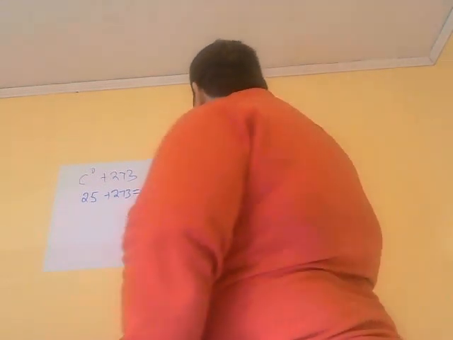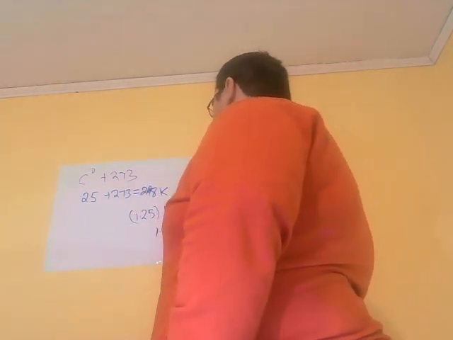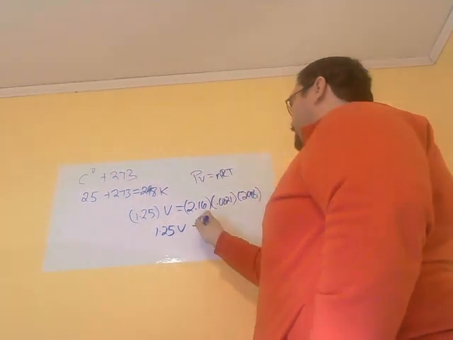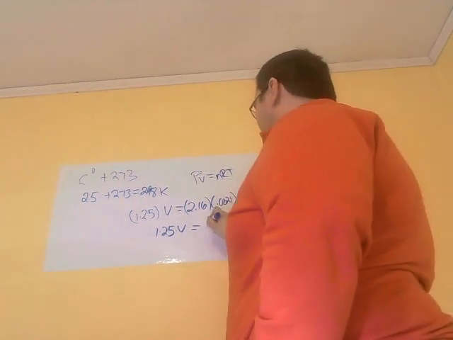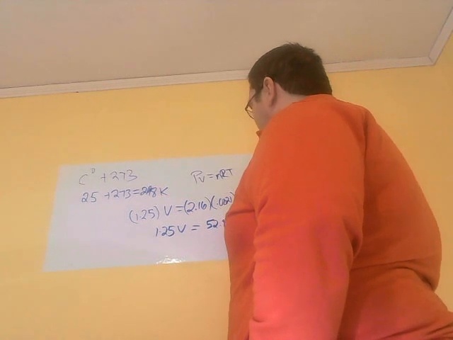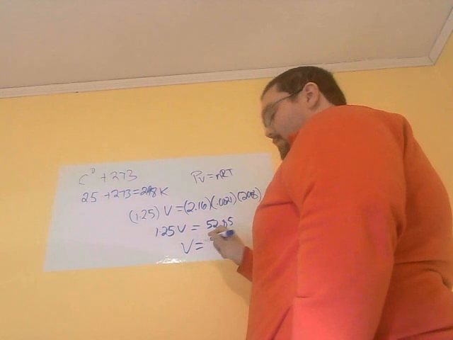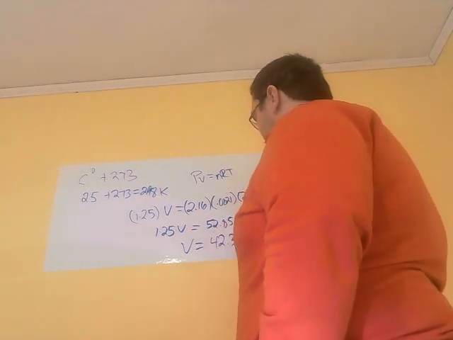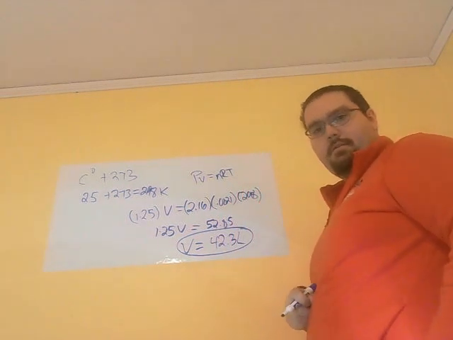And our temperature is 298 Kelvin. So we get 1.25 V equals 52.85. And if we divide both sides by 1.25, we get V equals 42.3 liters. That's problem number 1.